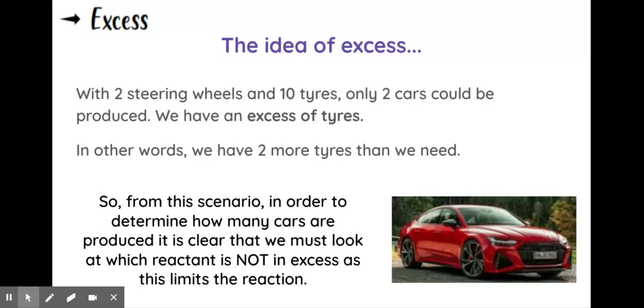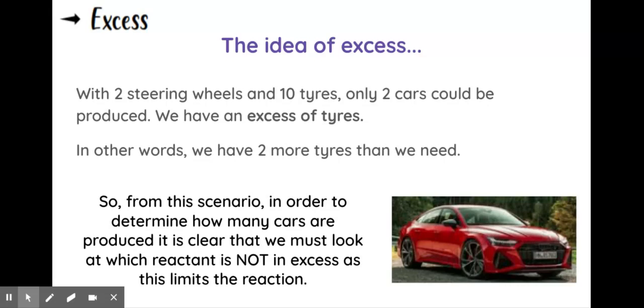So, from this scenario, to determine how many cars are produced, we must look at whichever reactant is not in excess, as that limits the reaction. If we had looked only at the tyres, we'd have said we could maybe make 2.5 cars with 10 tyres, but we can't make 2.5 cars, because theoretically we would need 2.5 steering wheels, and we only have 2.